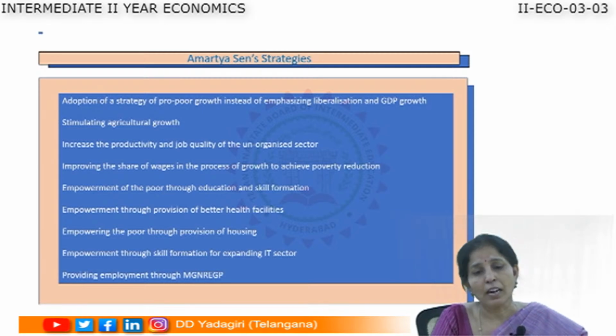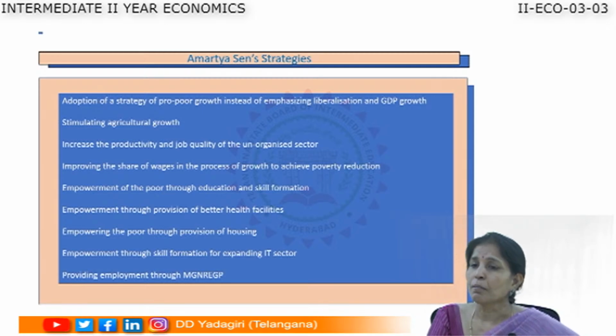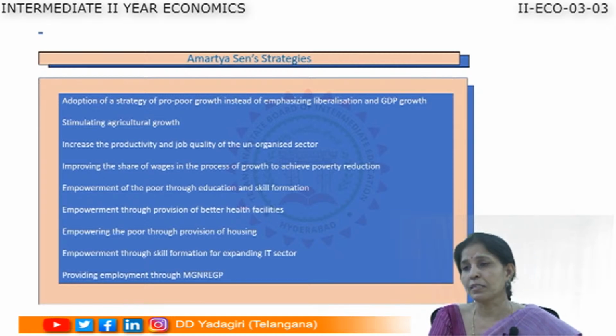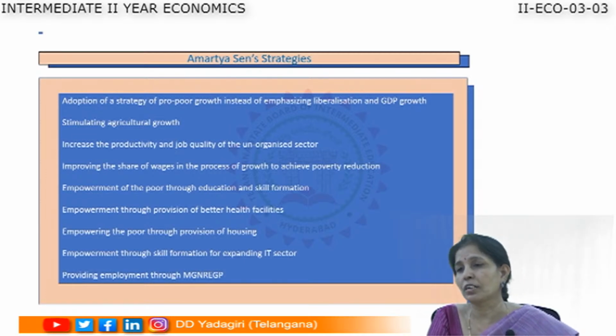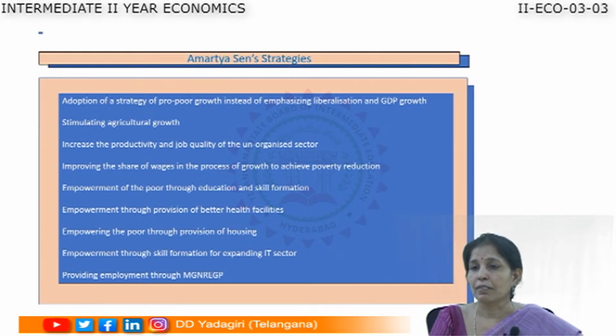We are witnessing the expansion of the IT sector, a promising sector which is creating more employment opportunities and requires more trained people. So if this sector is expanding, that means we are emphasizing skill formation and efficiency development.